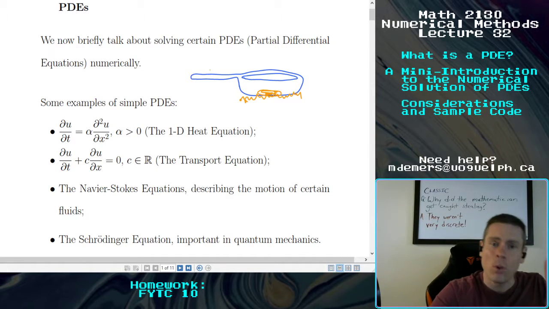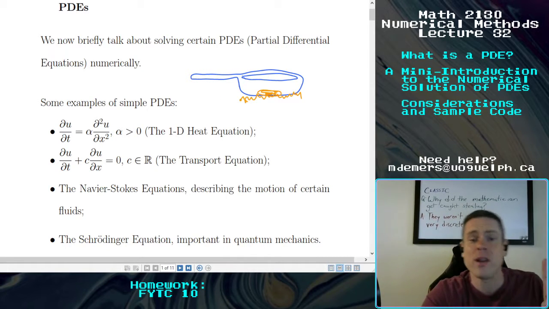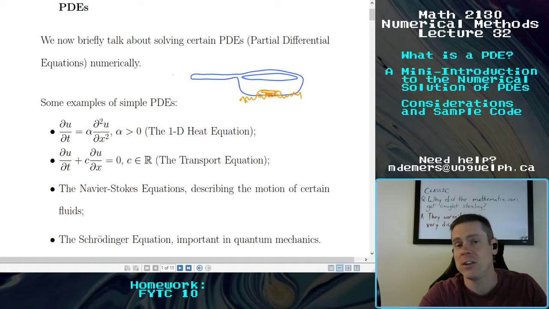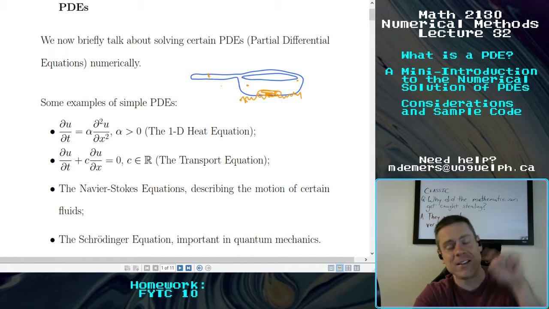For every point in space along the handle of this pan or the surface of this pan, at every given time, I get a temperature, right?